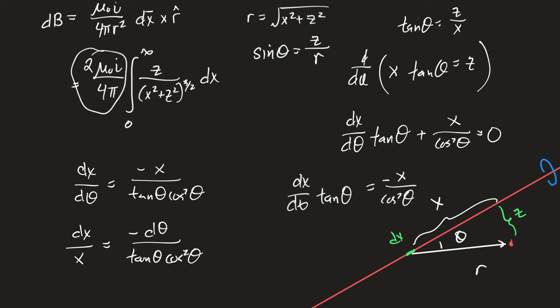Now, I guess what I could do is leave the x over on the other side because I have to sub in for dx. Correct? Now, x is z over tan theta. Right? So tan squared theta.